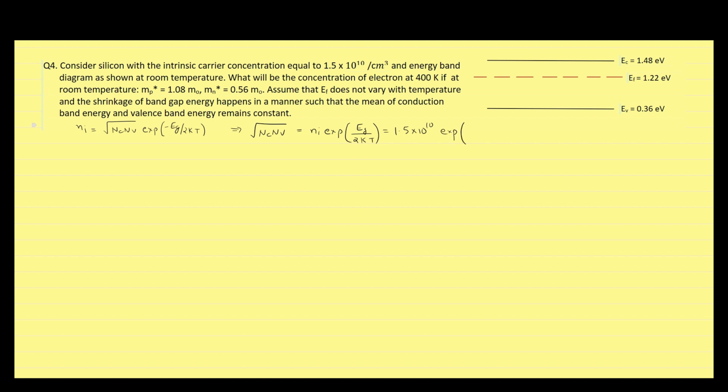From the diagram, we can find the value of band gap energy to be equal to 1.48 minus 0.36, which is 1.12 electron volt, divided by 2 kT, which is 0.026.